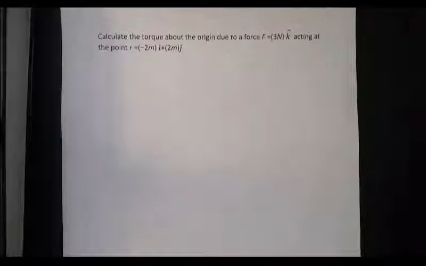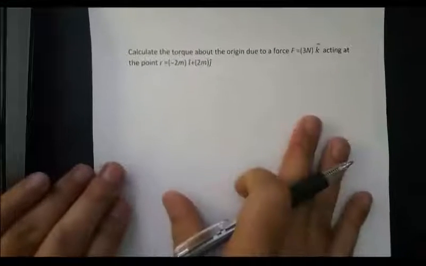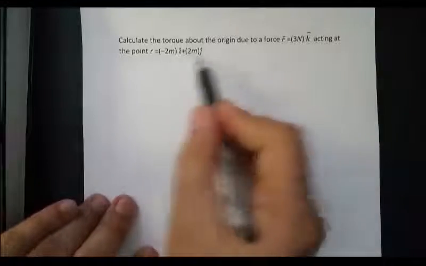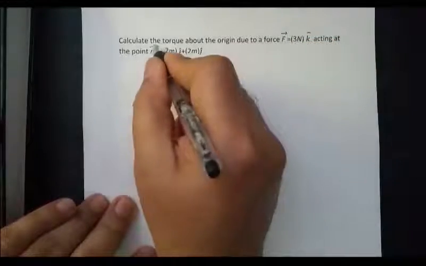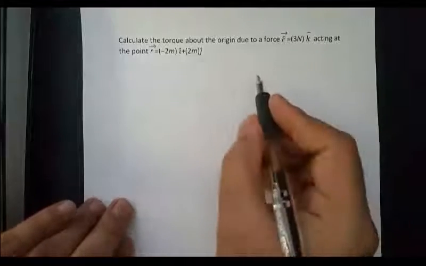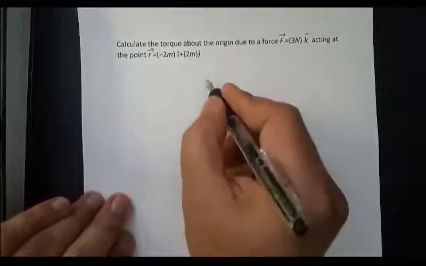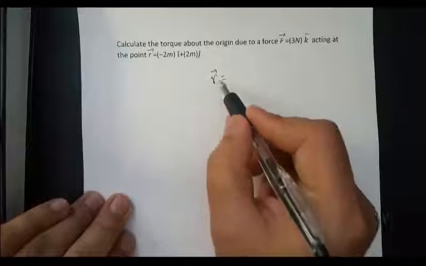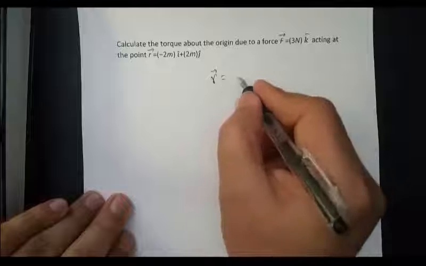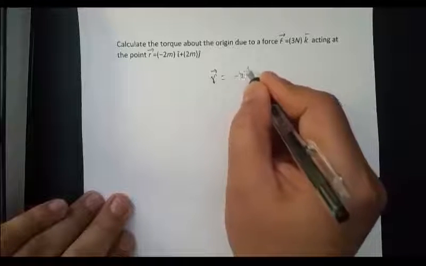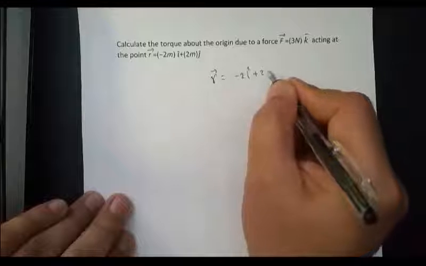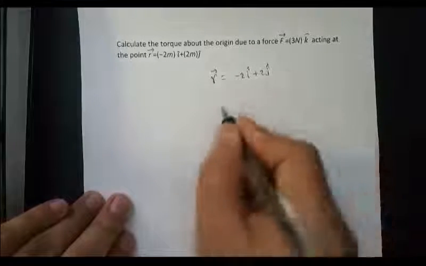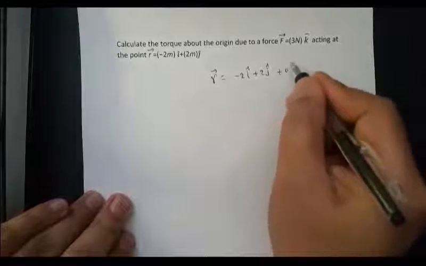Next, let me show you one problem with the cross product. If the force and position vectors are given in terms of components, unit vectors, how do you find the net torque? Here R, the position vector, which is where the force is applied from the origin, is negative 2j, without the units, and there's no z component.